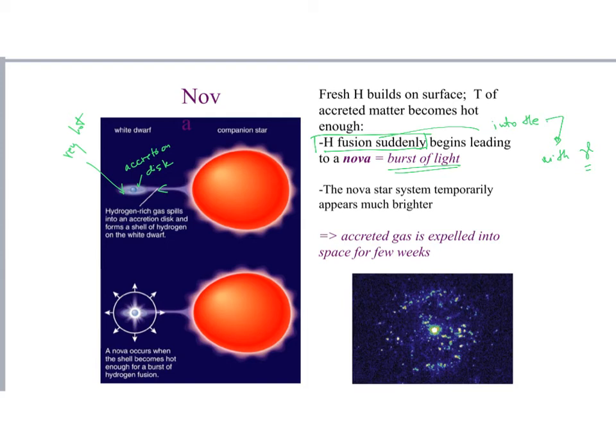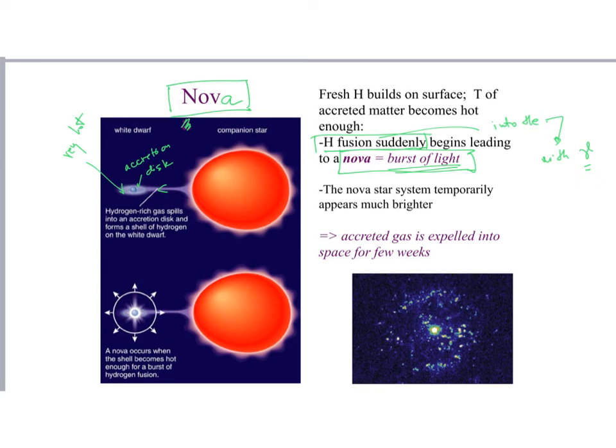Okay, so it's going to be a burst of light, and that burst of light is called a nova, because that thing is actually going to look like a new star. So this is what we have here. We are talking about a nova. Of course that thing was first observed. Suddenly a star appeared where there was nothing before.